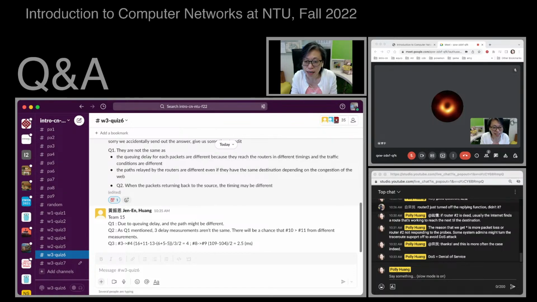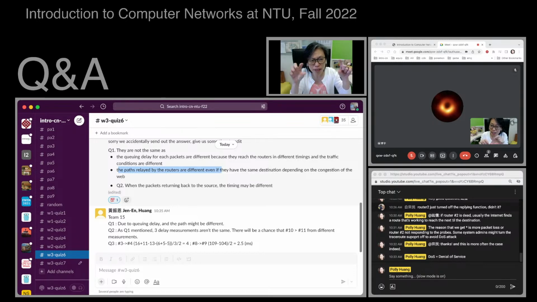Very clear. Number 2: in different probes, the route that you're sending the probes might not exactly be the same. As you see in the video, Polly tried to do a real traceroute from her machine.